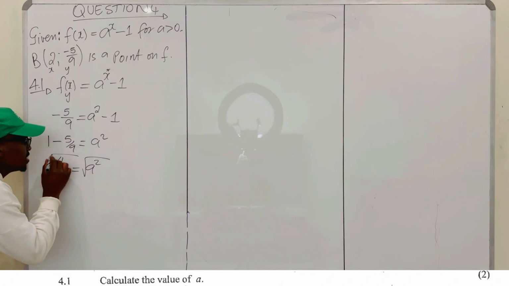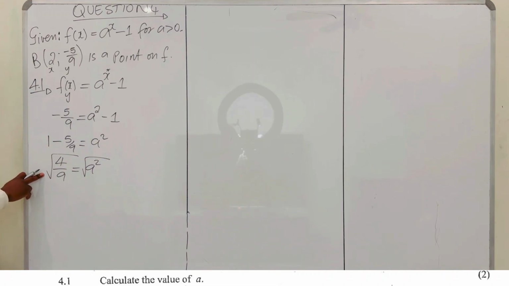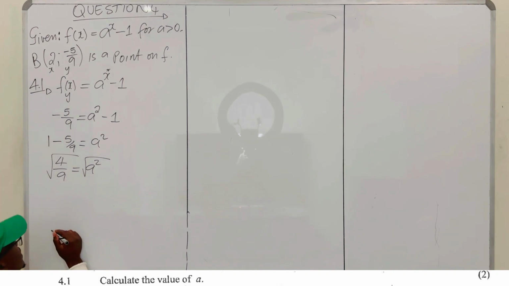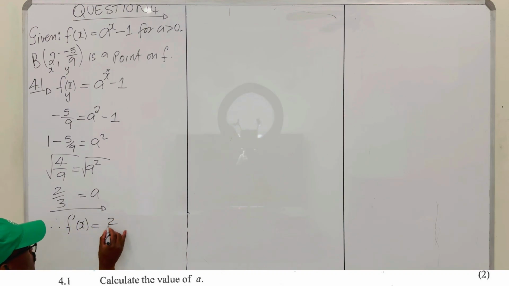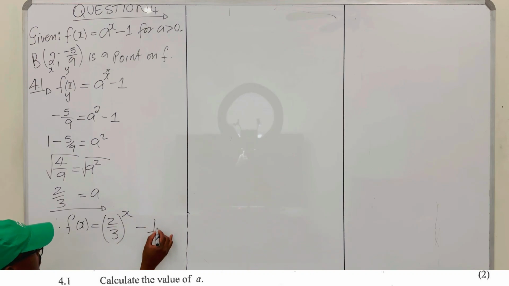Take the square root of this, take the square root of that. No plus or minus, because we're told that a is positive, so there's no need for us to say plus or minus. So you get that your a is equal to 2 over 3. This is your a. Therefore, your f of x now is equal to 2 over 3 raised to x minus 1.